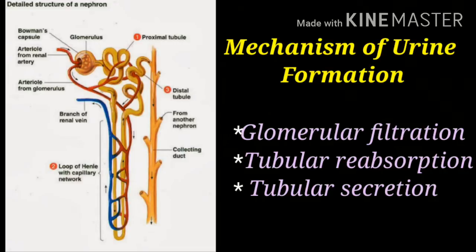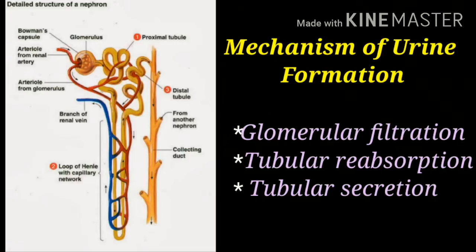Here, urine formation begins with the filtration of blood through the epithelial walls of the glomerulus and Bowman's capsule. The filtrate is called glomerular filtrate.